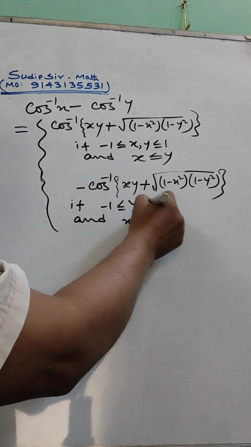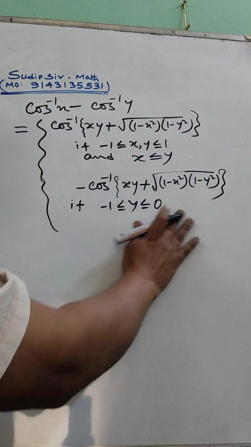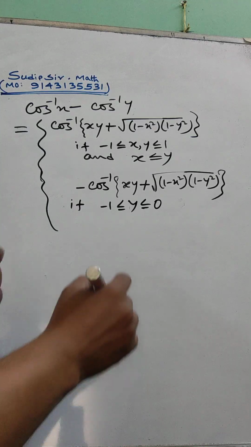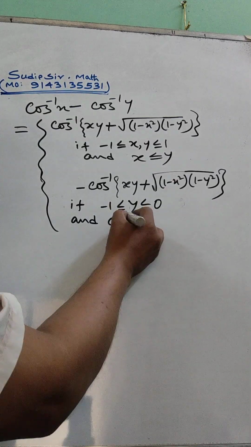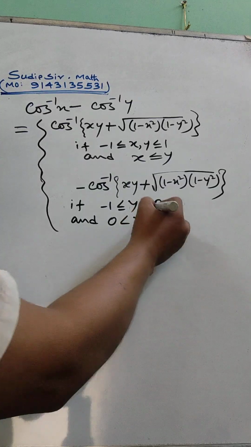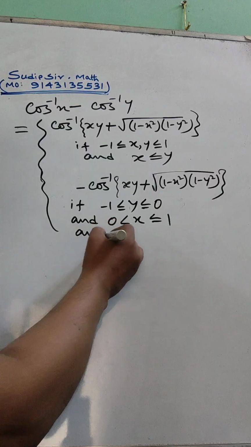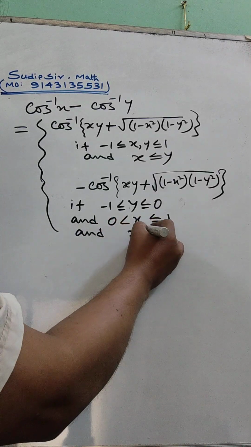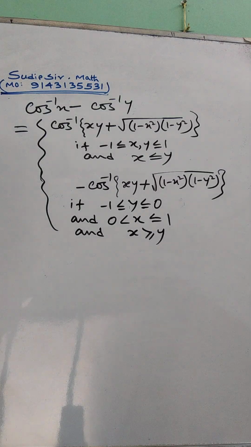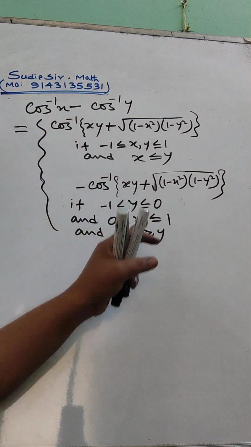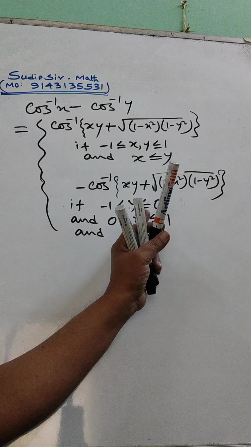Minus 1 less than or equal to y less than or equal to 0, and 0 less than x less than or equal to 1, and x greater than or equal to y.